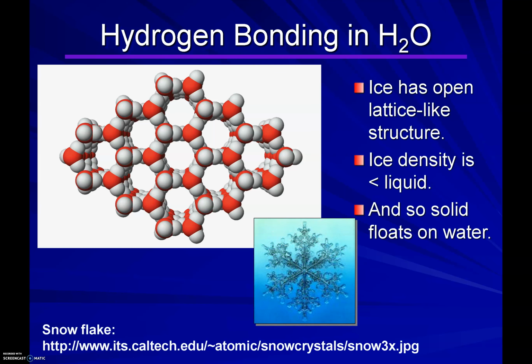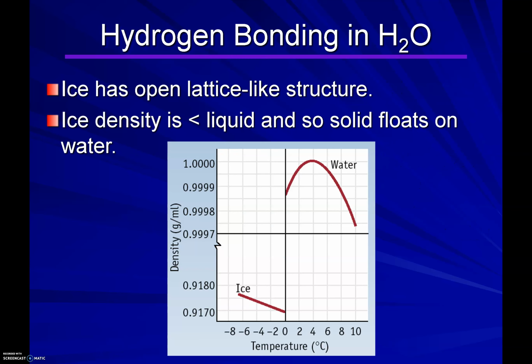It's responsible for the structure of ice. This is the crystal structure of ice, where you have these open blank spaces in it, and that creates the density of ice to be lower than that of the liquid, and that's why ice actually floats, because of these little gaps that form in the actual solid structure of ice or of water.